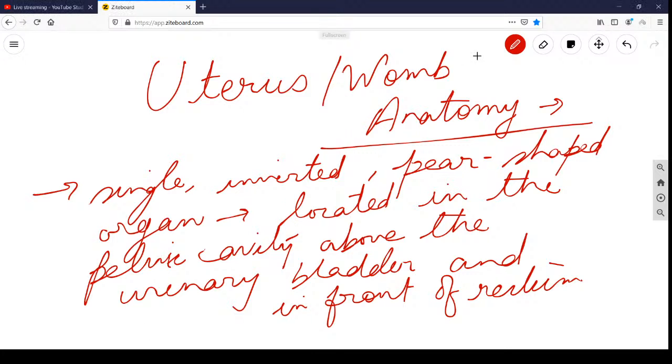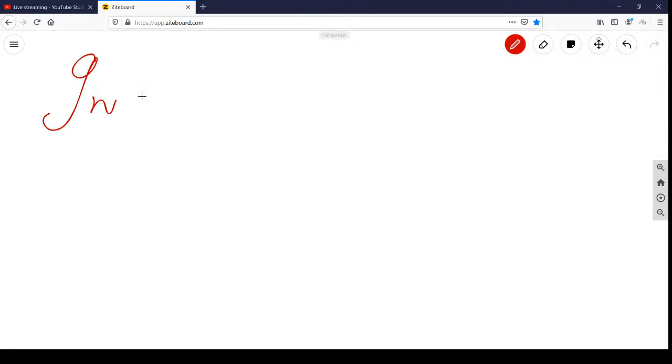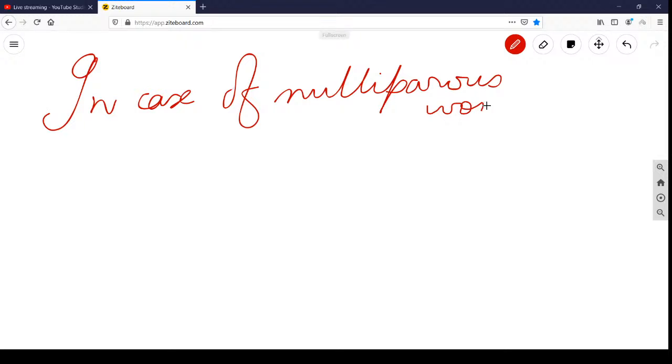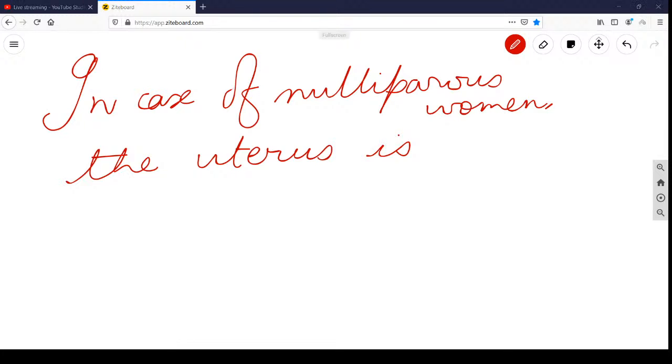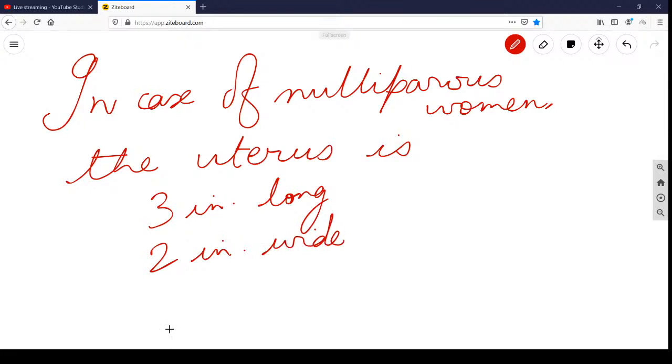The dimensions are 3 inches long, 2 inches wide, and 1 inch thick.